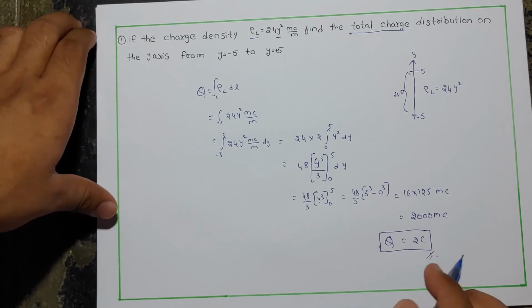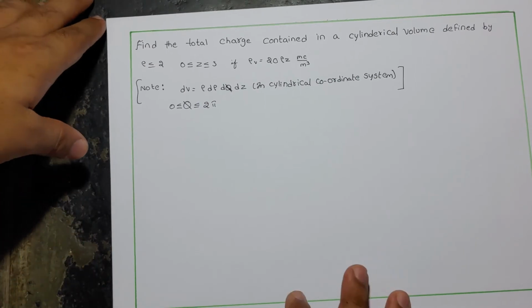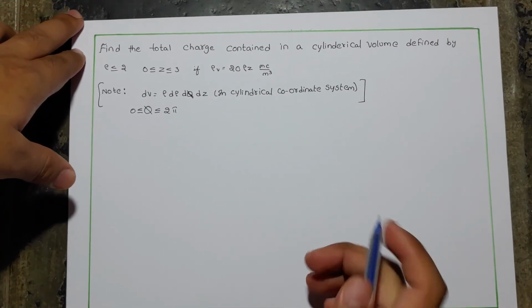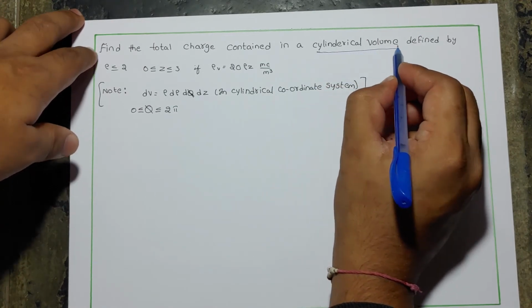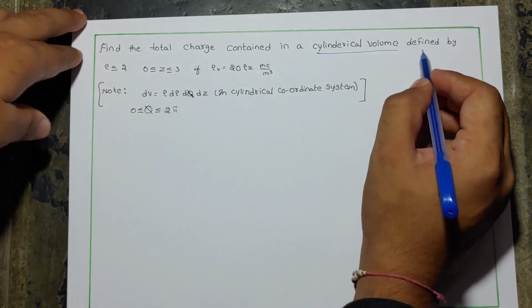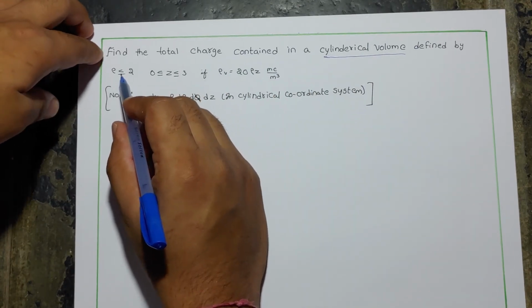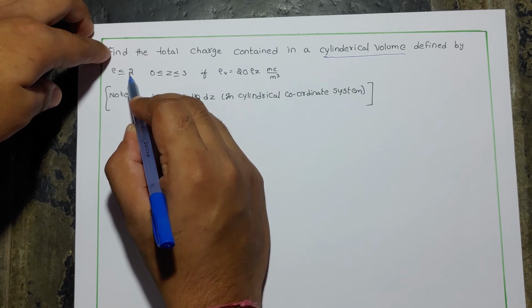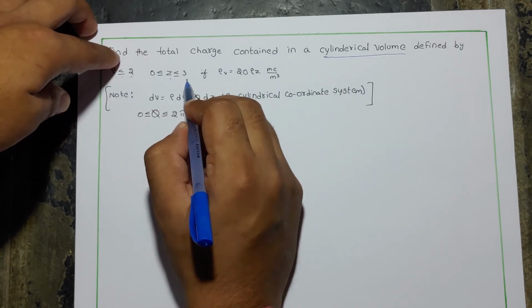Let us solve another example on charges. Here is an example. Find the total charge contained in a cylindrical volume. Here it is asked in the cylindrical coordinate system, defined by rho in the range rho less than or equal to 2, and z in the range of 0 to 3.